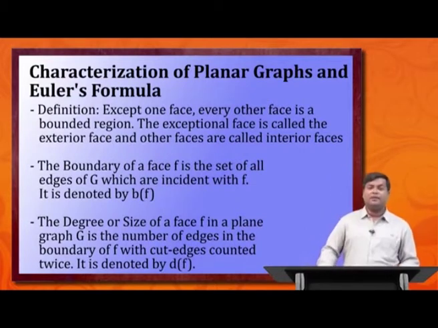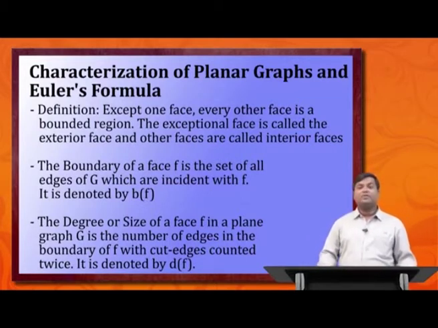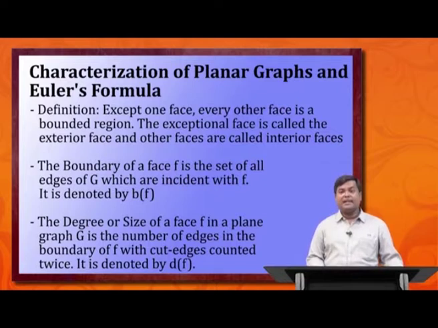Now I will give an example and I will explain what cut edges are. We can also define degree in a slightly different way. Here we have defined degree: we need to calculate how many edges are inside the boundary, and if there is any cut edge we need to count it twice, and that count will give us the degree or size of the face.